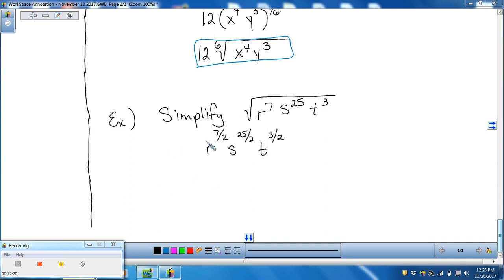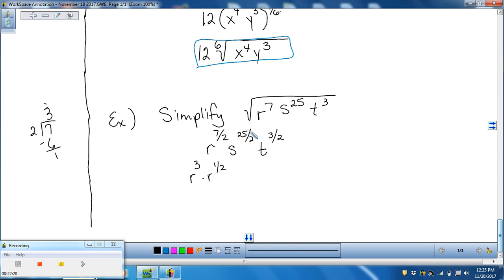Now, when you are trying to simplify this, you take your numerator and divide by the denominator to see how many times it will go in there. 2 goes into 7 3 times with a remainder of 1. However many times it goes in there is how many whole exponents you have, and then the remainder would still have to be rewritten as a fraction. So I can rewrite r to the 7 halves as r to the 3rd times r to the 1/2.